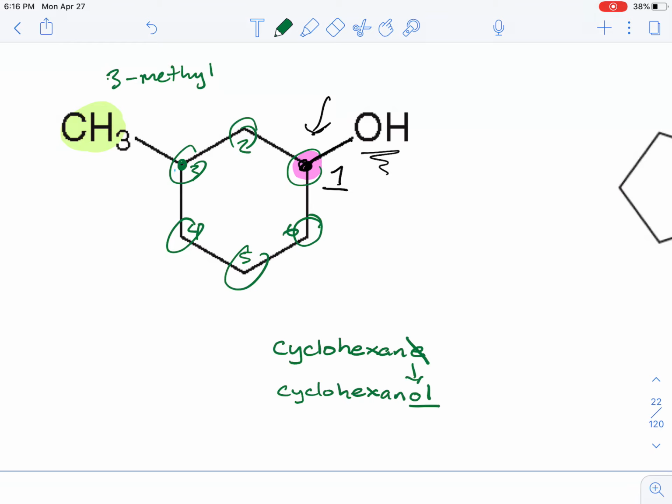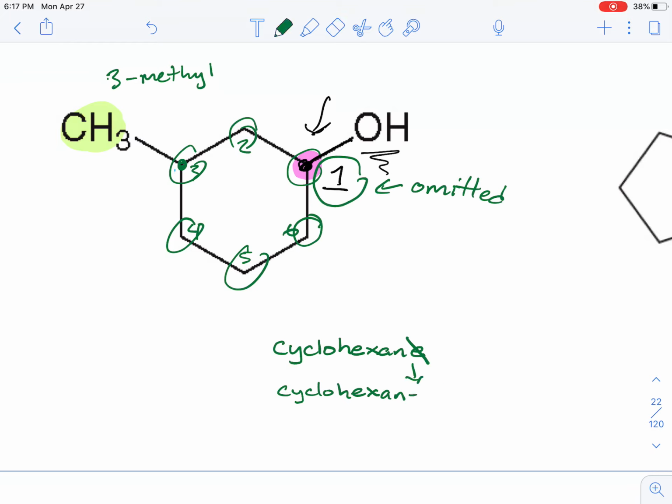And since 1 is going to be omitted, in other words, we're not going to include it in our nomenclature, we don't have to specify it.